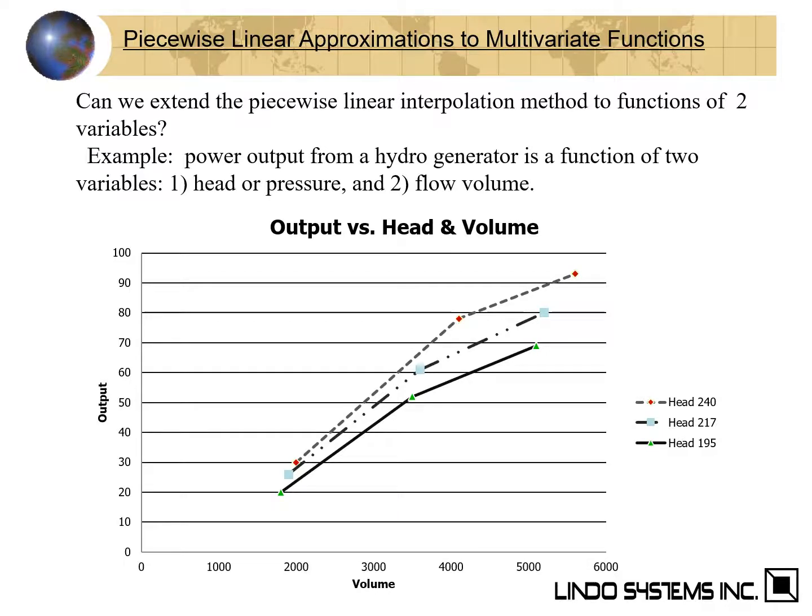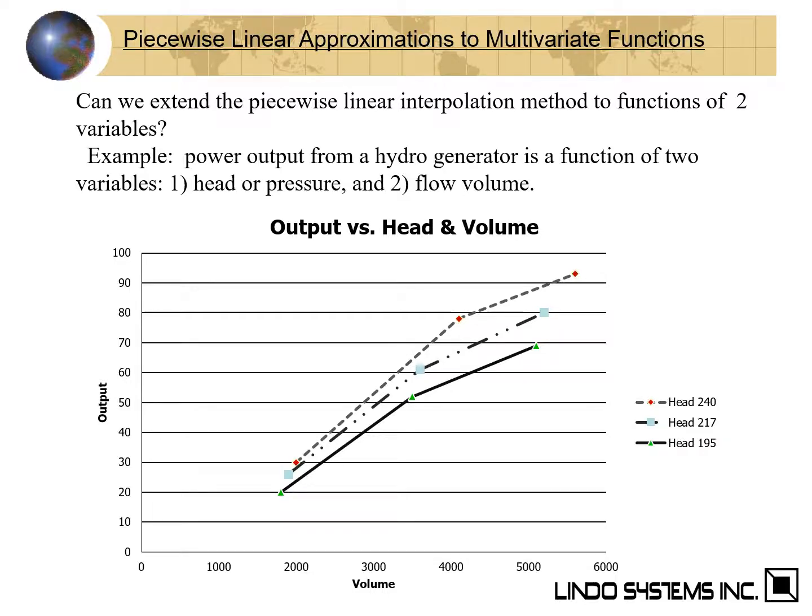So the level of the reservoir may rise or fall from hour to hour, and so the amount of power output that you can get depends upon both the level of the reservoir and the output rate at which you're putting stuff through. So the power output is a function of those two inputs, the head and the volume of water released. And the question is, can you represent that by this SOS2 tabular style of input?